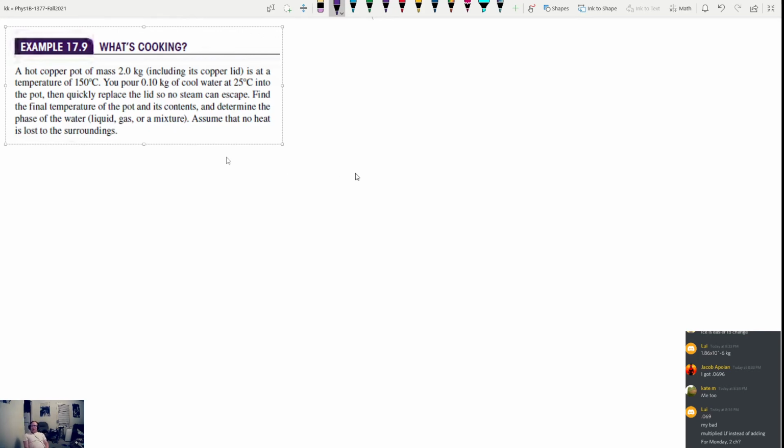Okay, so hot copper pot. All right, so copper is this color. It's a pot, so we'll make it into like a pot, I guess. It has a spigot on the end. And what's going on? The mass of the copper pot is 2 kg. We are going to pour 0.1 kilograms of cool water. Oh, and we also know the temperature.